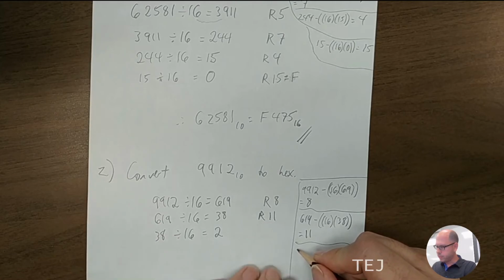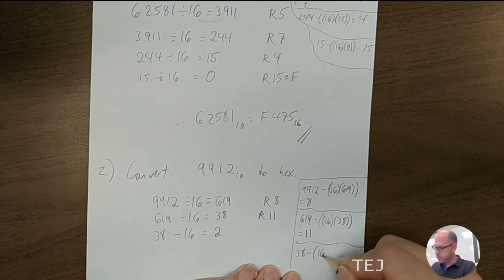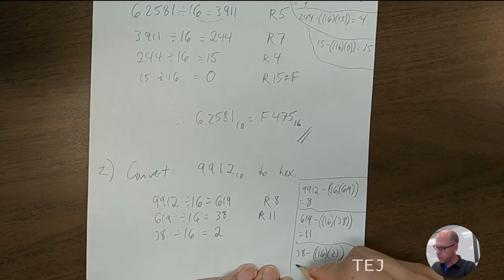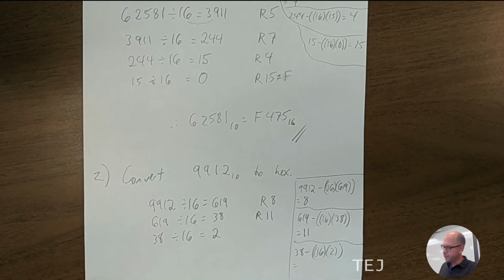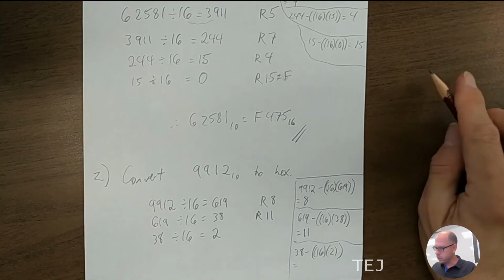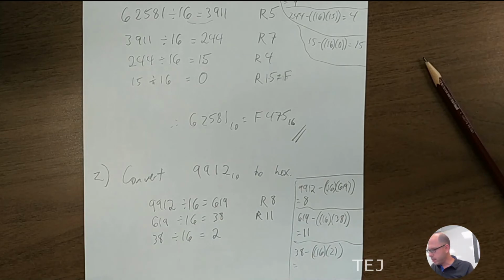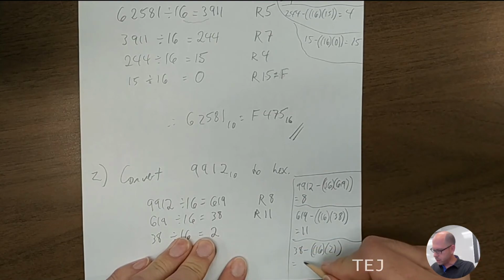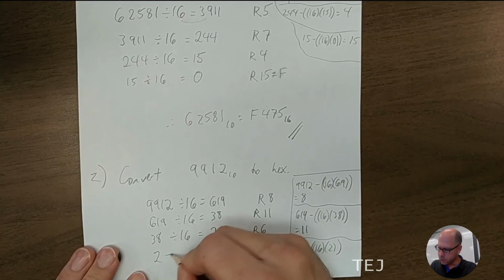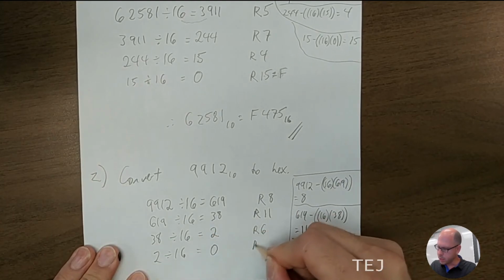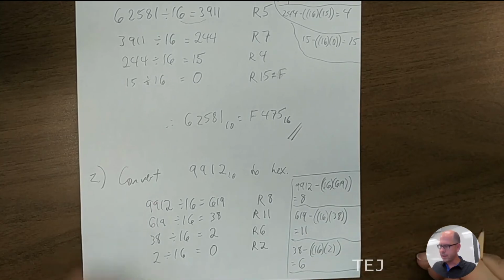We have 38, take away 16 times 2. 16 times 2 is 32. 38, take away 32 is 6, so we have a remainder of 6. And then we also still have the 2 divided by 16. It goes in 0 times with a remainder of 2, and you can check that the same way.